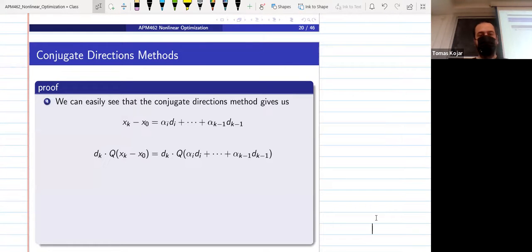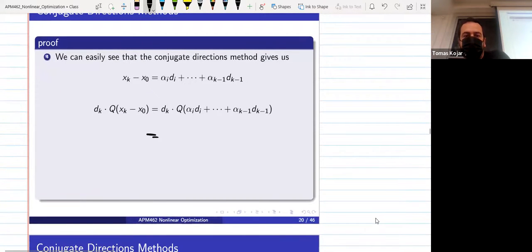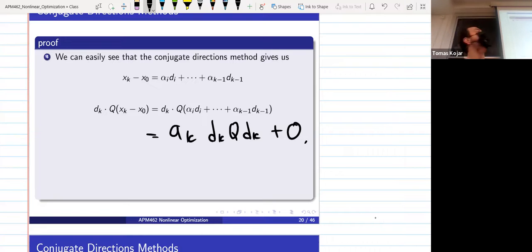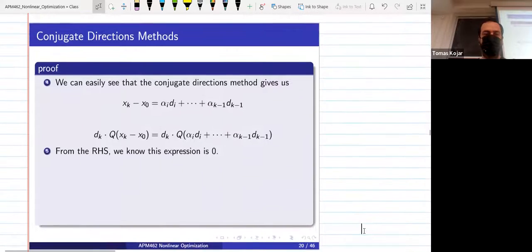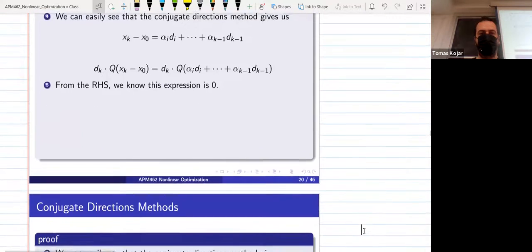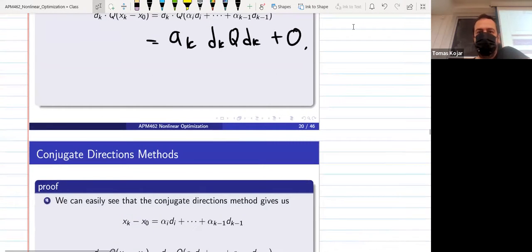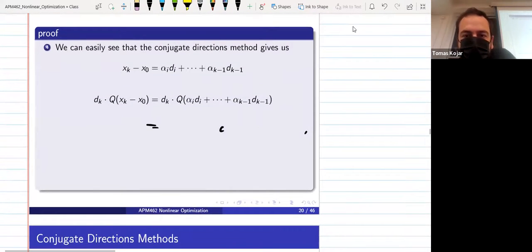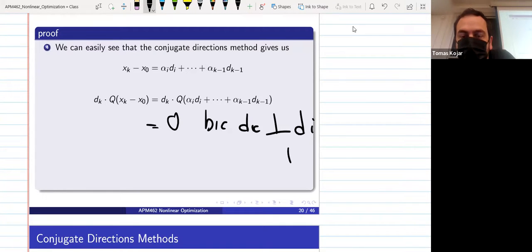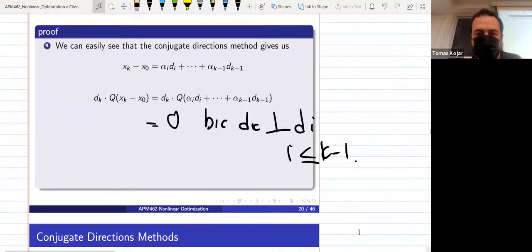I'm using orthogonality because I want to isolate A_k. So I isolate A_k and then have d_k plus 0. Oh, sorry, but there is no such term. So this is always 0 because d_k is orthogonal to all the d_i for i less than k minus 1. I should pay attention.